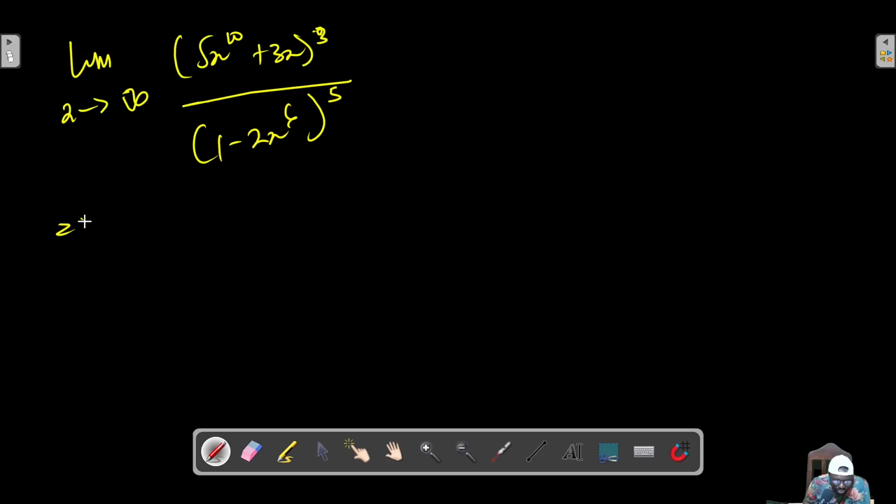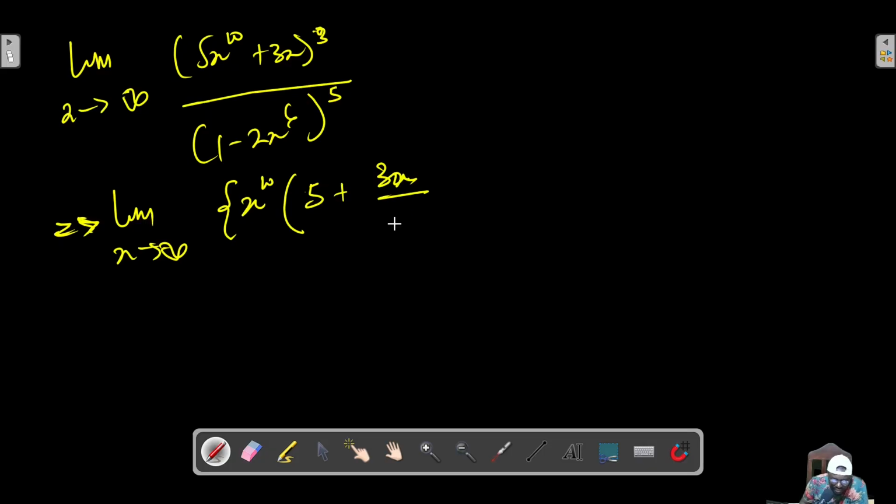So let me demonstrate what I'm trying to communicate. Now the limit as x is approaching infinity, this is what I can do. I'll factorize out x to the power 10. Factorizing out x to the power 10, I'll end up with 5 plus 3 divided by x to the power 9, all raised to the power 3, for the numerator.